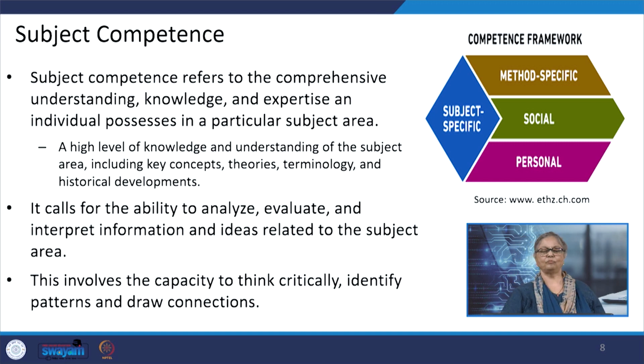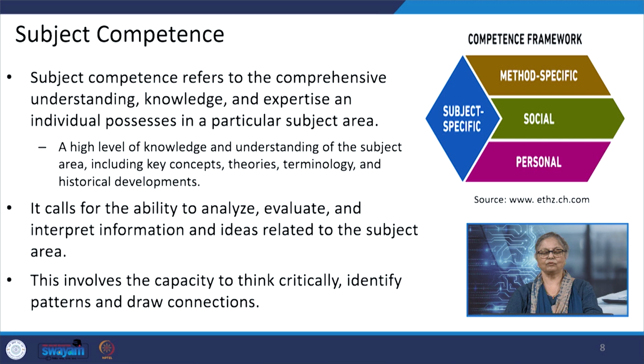The subject competence refers to a comprehensive understanding, knowledge, and expertise an individual possesses in a particular subject area. A high level of knowledge and understanding of the subject area, including key concepts, theories, terminology, historical developments, and latest inputs as far as the research is concerned, are the basic requirements.